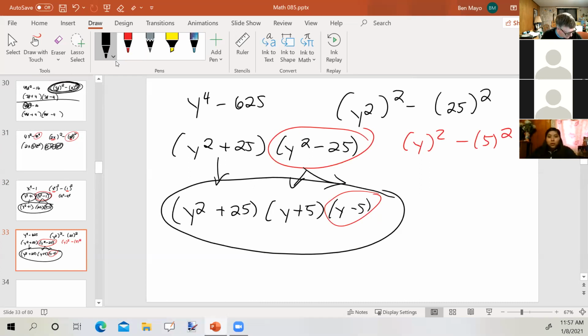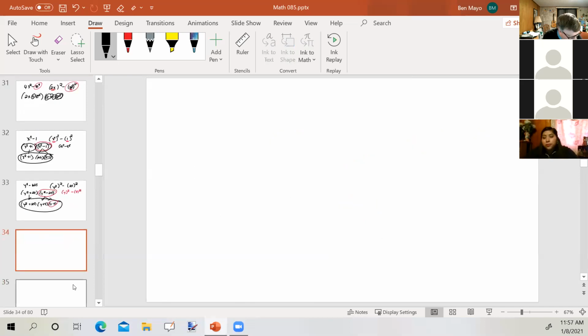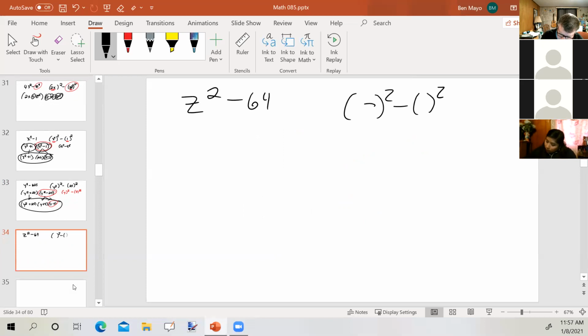All right, let's see here. How about this? Z squared minus 64. That's a binomial. Is it the difference of two squares? Z squared minus 8 squared. So Z plus 8 times Z minus 8.